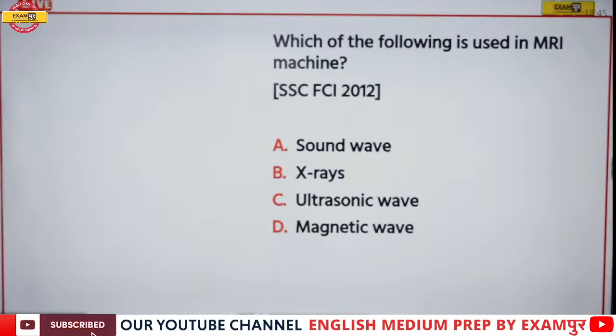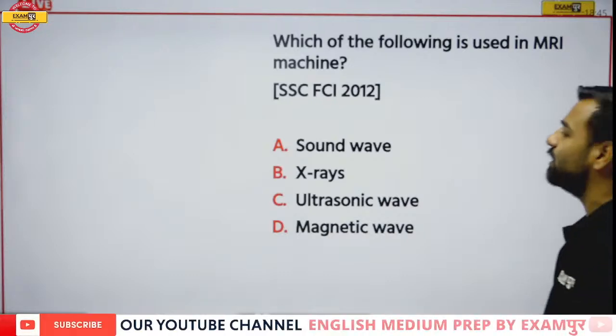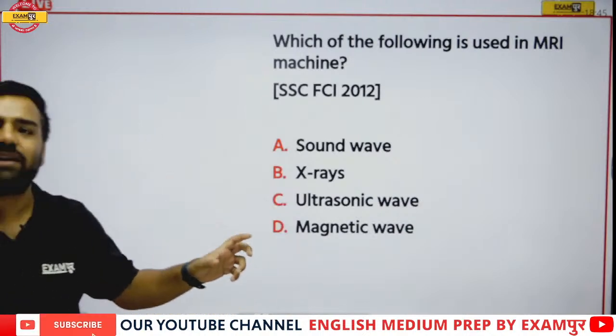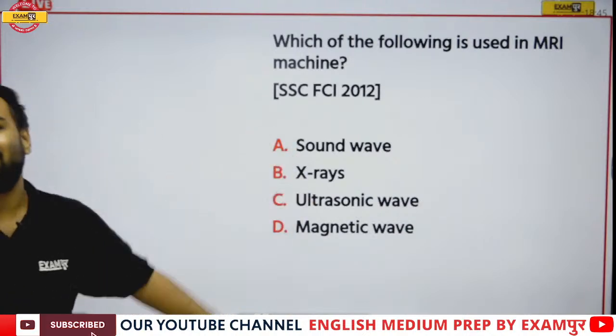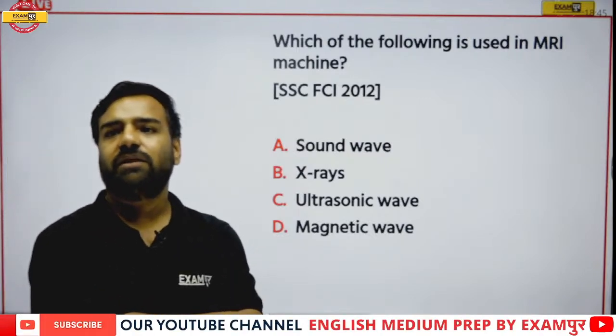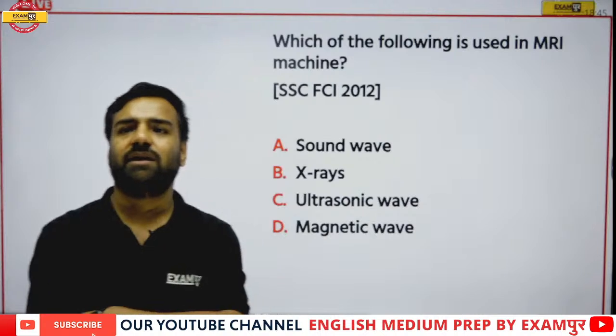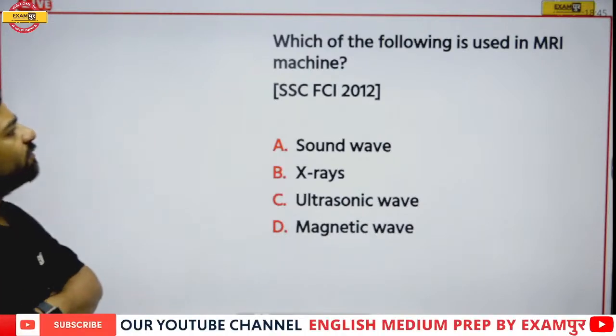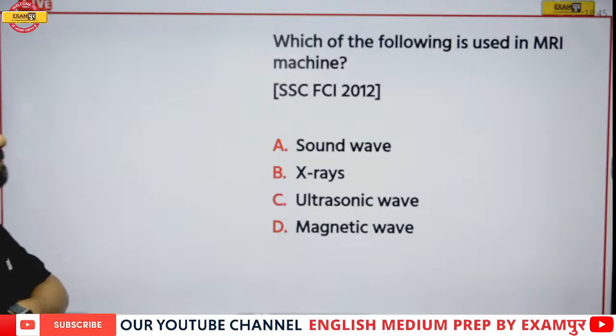Then we have: which of the following is used in an MRI machine? Now this one is important. From the name itself, you can get this answer. So just try to get this answer. Avan, Jaya, let's see who gives this answer. Abhishek, we have Megha over here. What is going to be the correct one?